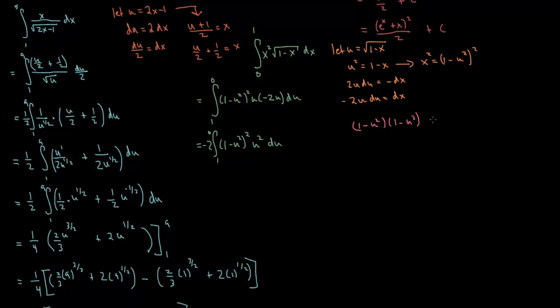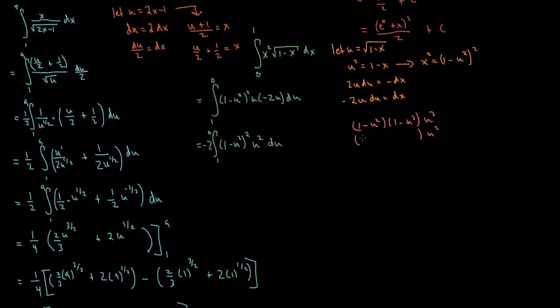I think if we FOIL this, then distribute, we can rewrite the integrand pretty nicely. I would say let's try to find another substitution, because you can use substitution twice in the same problem, but I don't think that's going to work out for us, because if I let v equal 1 minus u squared, then dv would not be something that would help me out. So I think this is the best route at this point.